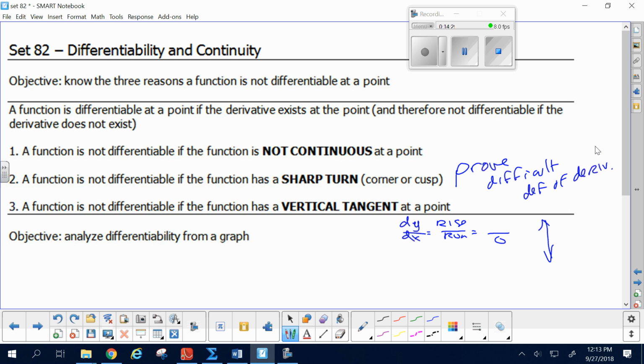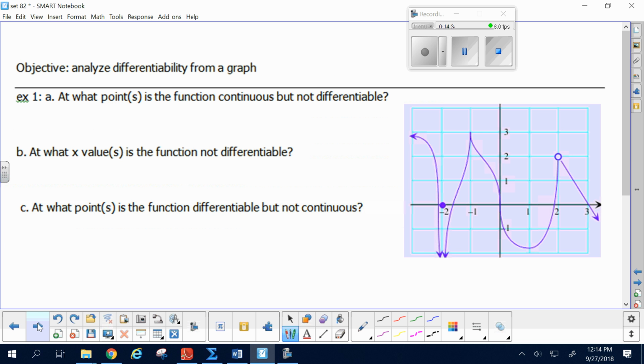You with me? Okay. Analyzing differentiability from a graph then. At what point or points is the function continuous but not differentiable? Please give me one. X is -1. What else? 0. Why 0? Vertical tangent.